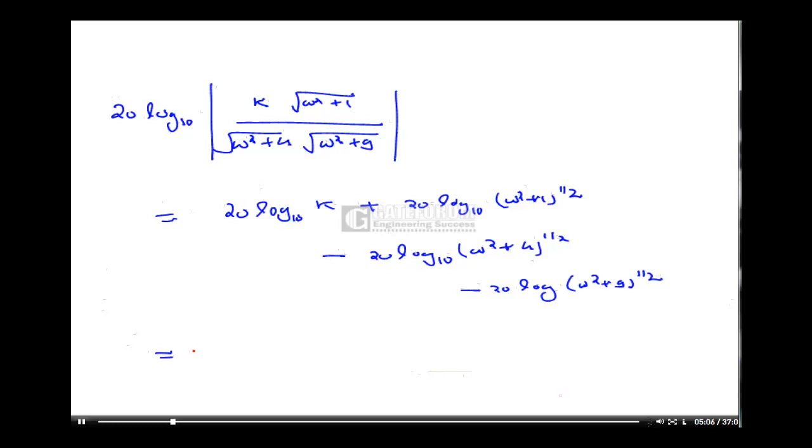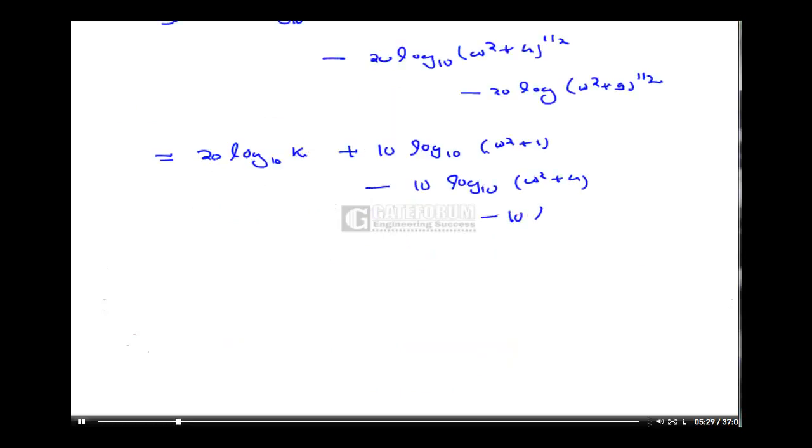I can still further write this expression as 20 log 10 K plus 10 log 10 (omega square plus 1) minus 10 log 10 (omega square plus 4) minus 10 log 10 (omega square plus 9). So this is the expression for 20 log 10 |G(j omega)|.